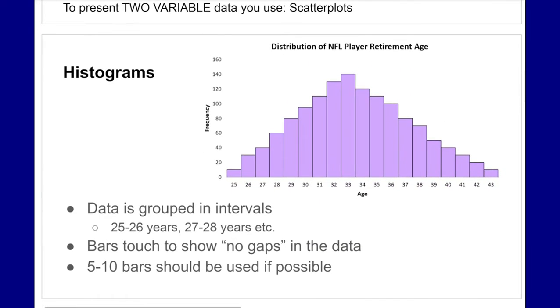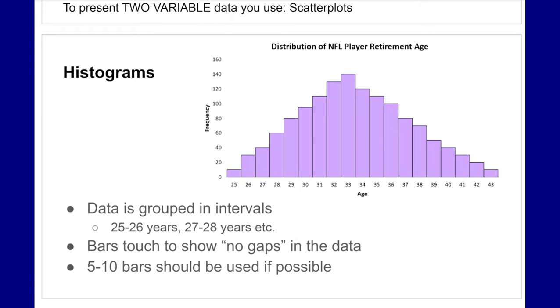The first one is the histogram. This is a histogram looking at the distribution of NHL or NFL player retirement age. We have the age on the bottom and the frequency along the side. In histograms, the data is grouped into intervals. In this case, it may look like we're only looking at bars for 1 year, but this is technically intervals.